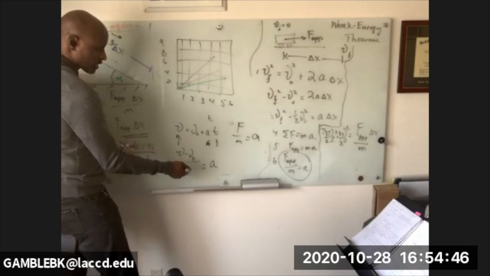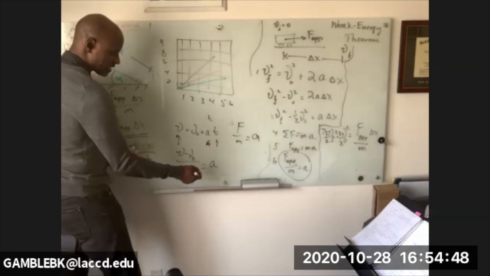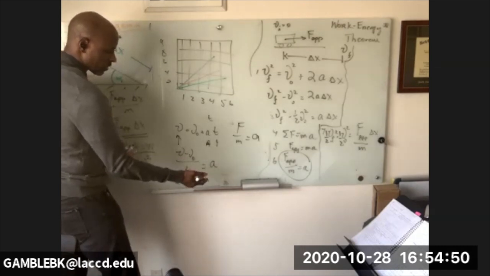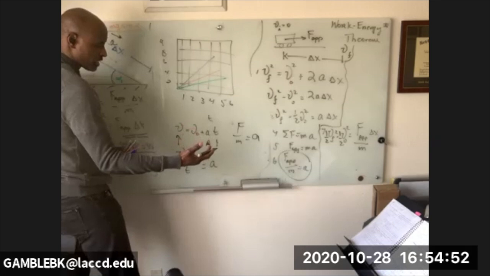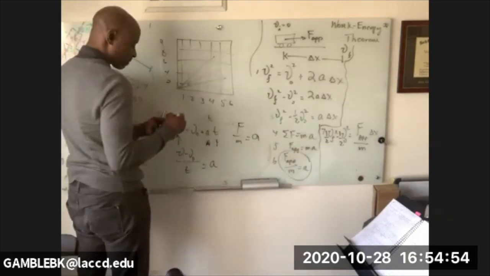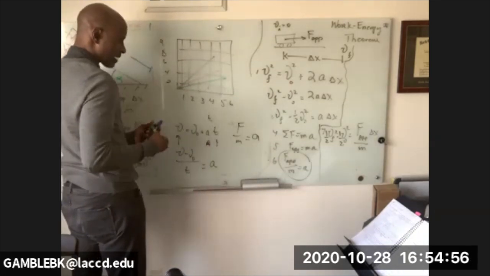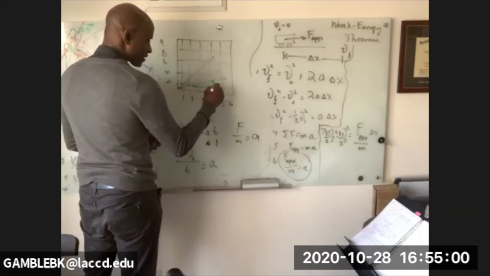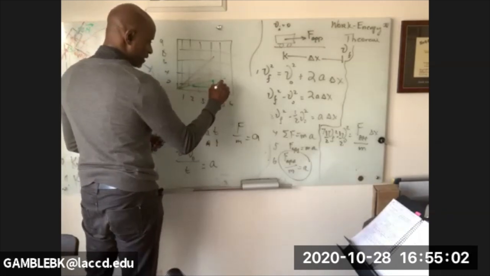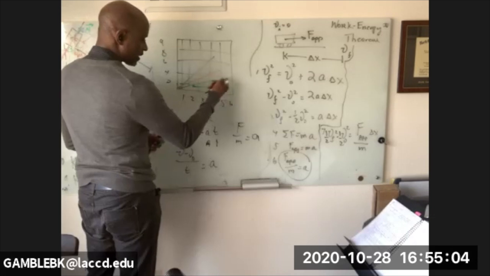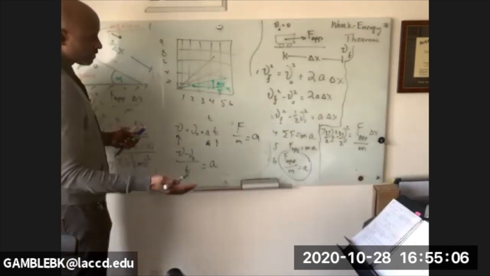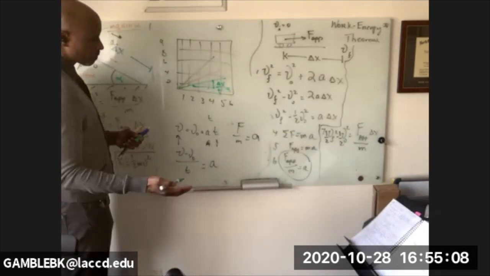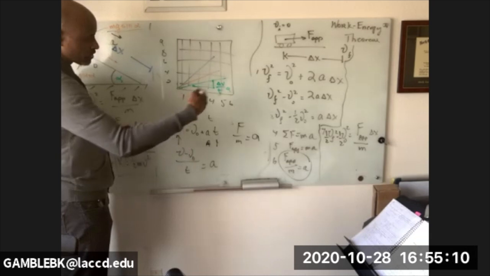But that's slope, because it's basically t minus t initial, but t initial is 0. So rise over run is slope. For this graph example, that's delta v over delta t. That's going to give you the acceleration of that curve, and so on and so forth.